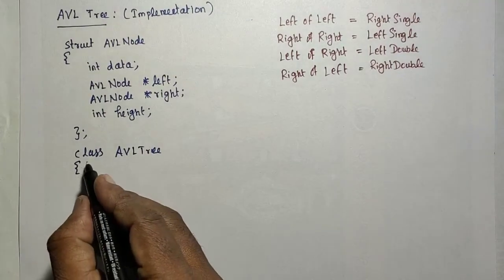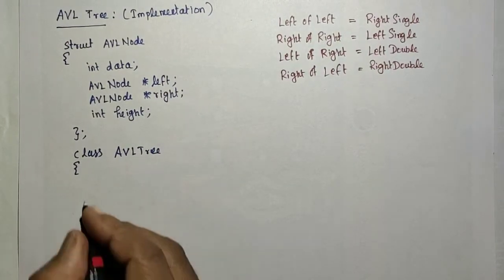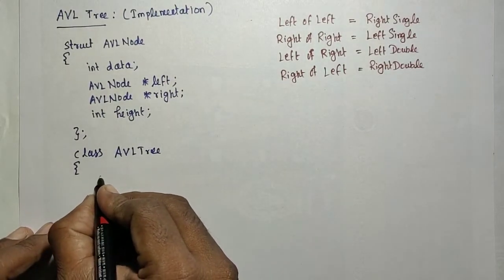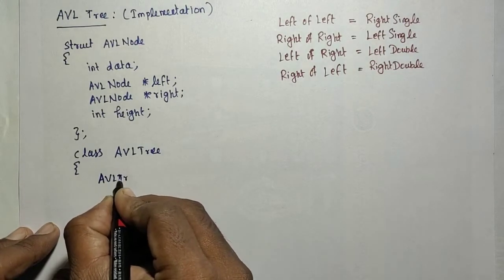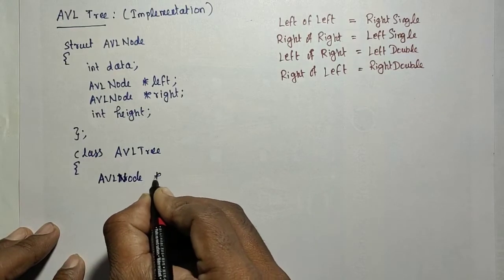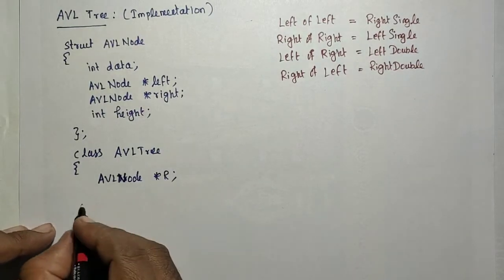Here the class AVL tree contains only one piece of information, that is a root node address. So AVL node star R. That is the address of the root, that is a data field.